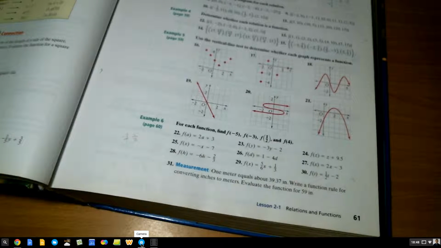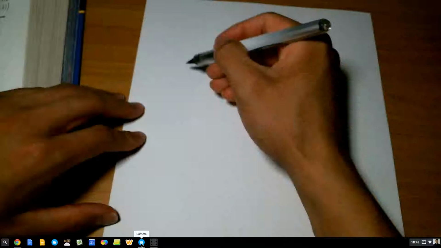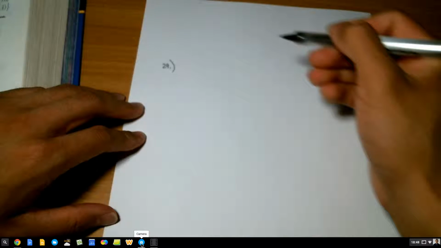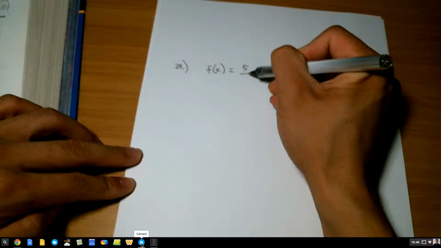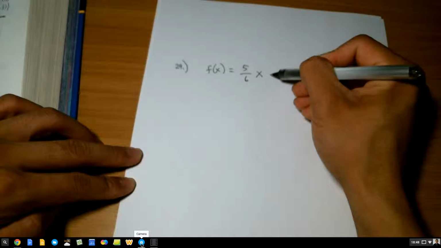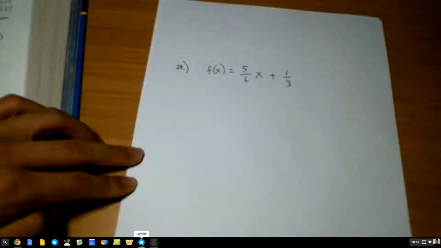Okay, so let's take a look at that. Number 29. So we want to be able to use f of x is equal to 5/6 x plus 1/3.